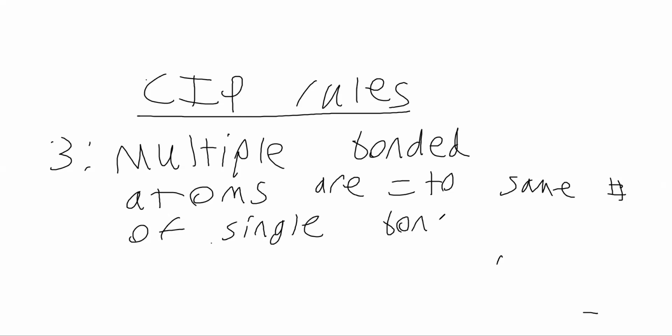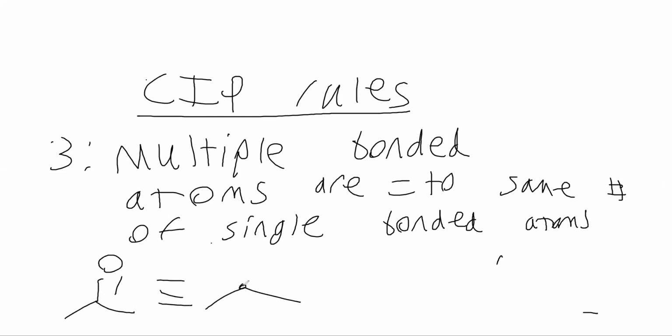So if we have a carbonyl like this, we could say that's equivalent to this carbon being singly bonded to 2 different oxygens, and then one of those oxygens is double bonded to a carbon. So you could draw it like this. You don't have to do this drawing, but it's a way of counting the bonds if you're trying to distinguish 2 substituents. That's something I've gone over a lot of times, so hopefully you guys remember that.